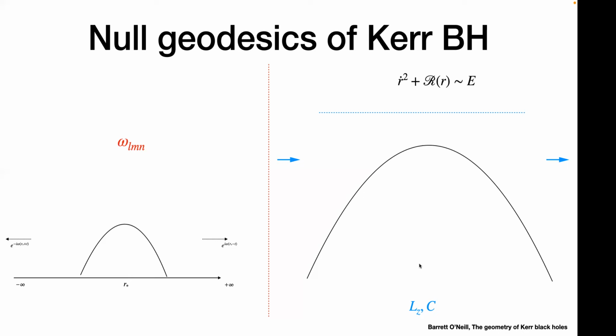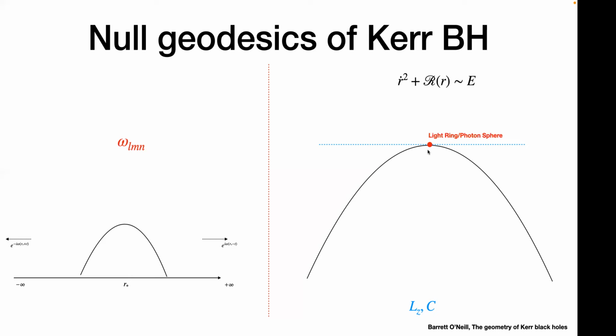The only possible system happens if we put this total energy at the maximum value of the potential. Then you can see there is an unstable motion here, and the light is trapped at a fixed radius.